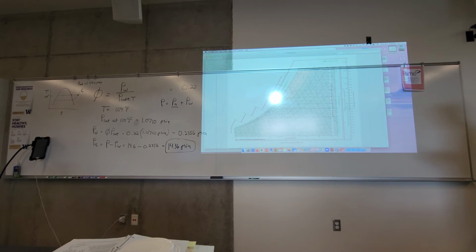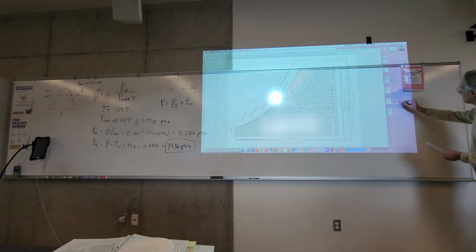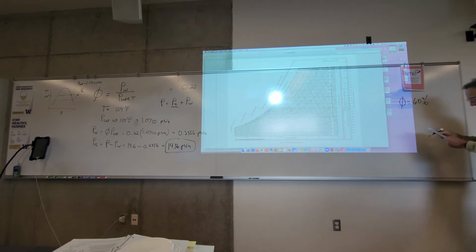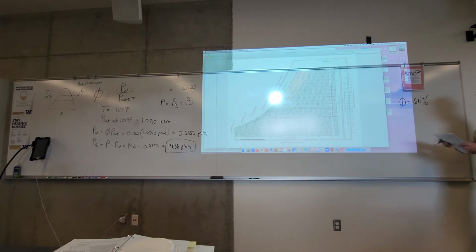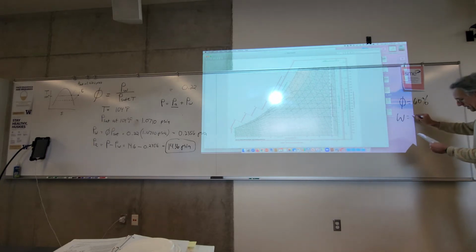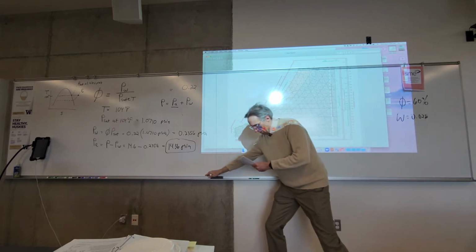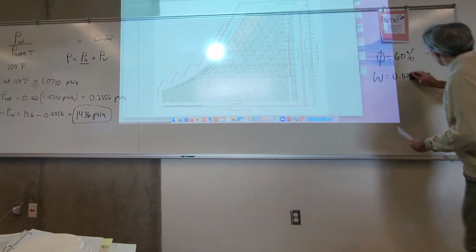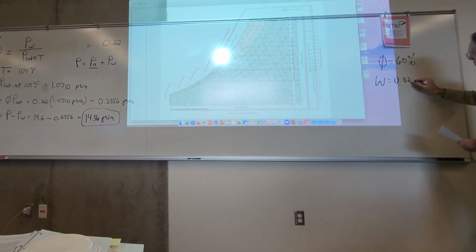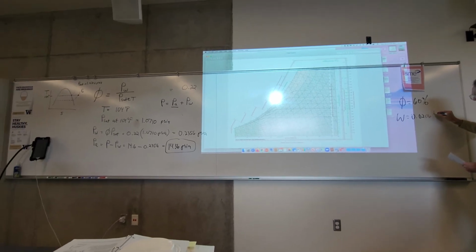Relative humidity is 60%, and humidity ratio is 0.0206 pounds of water per pound of dry air.